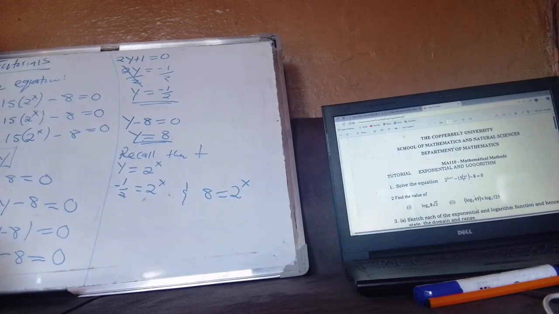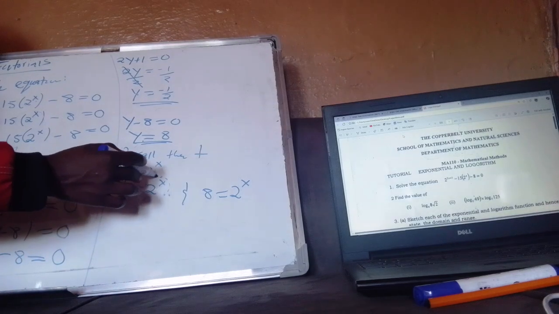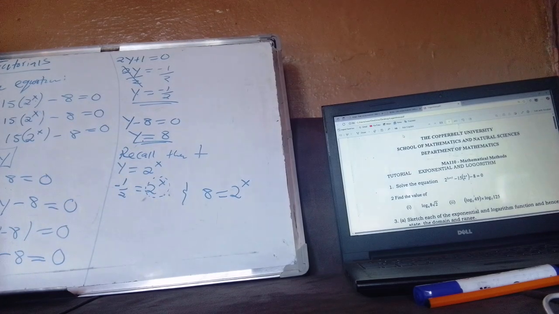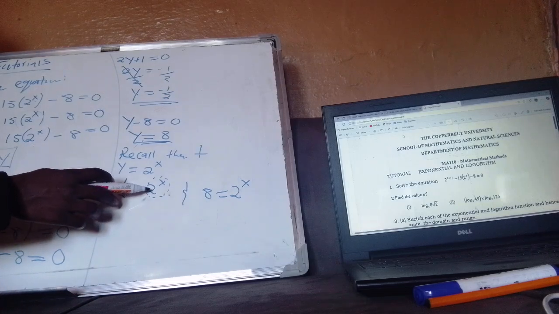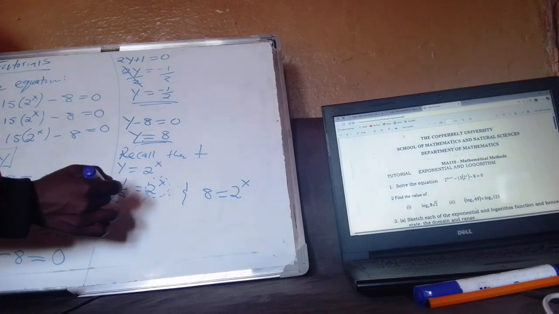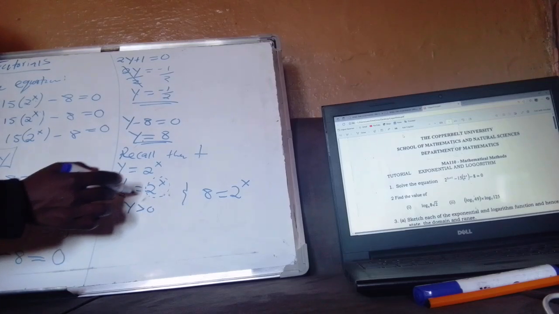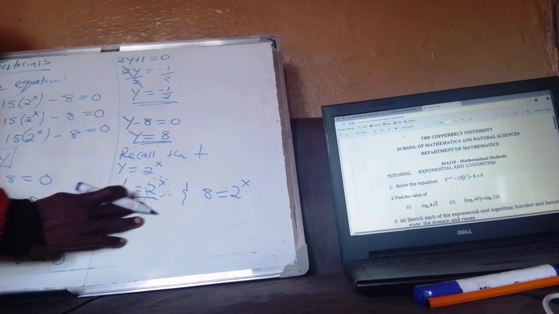What will be the value of x? Now, according to exponential rules, which we know, any function which is an exponential function in this format can never produce a negative value. Remember, the range of values for an exponential function is only values of y greater than 0. So it means that this function here is basically invalid.